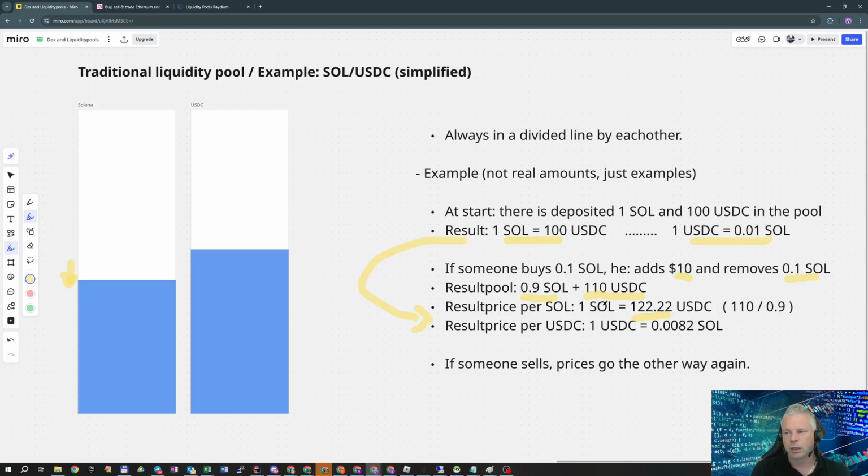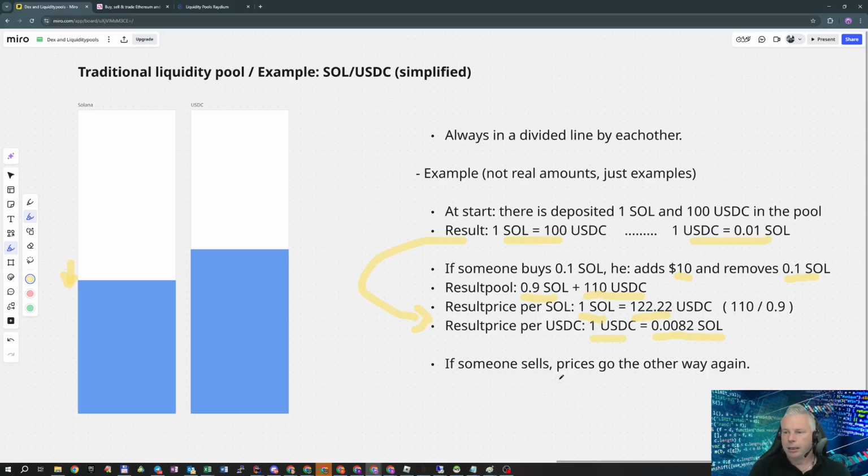And if you turn that around, you can always do that. If you sell 1 Sol, you get 122 USDC. If you buy more Sol, then for 1 USDC, you will get 0.0082 Sol. So that's less than here because the price was up. Makes sense?